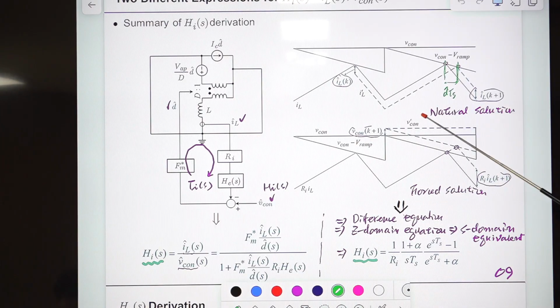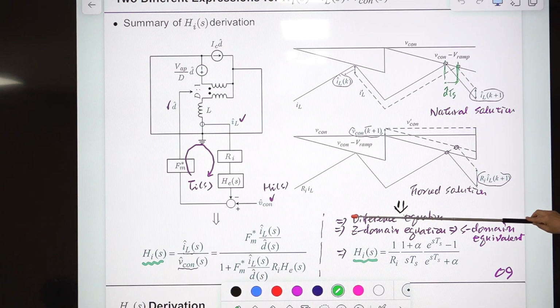So we have a natural solution and we have a forced solution. We summed them together. That is the complete solution. Okay, we derived that, and based on that, we found the difference equation of this system.